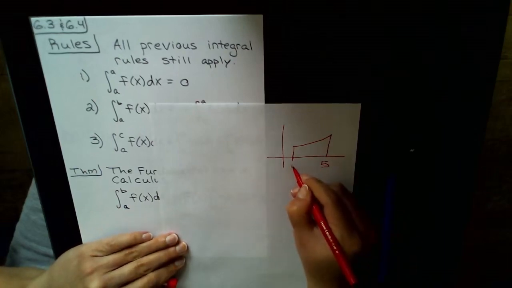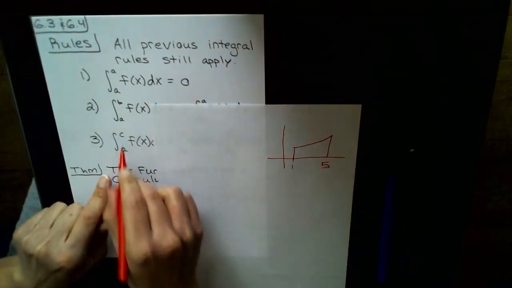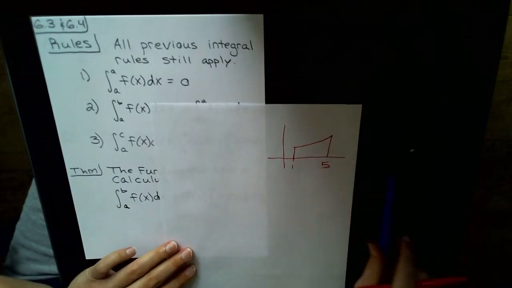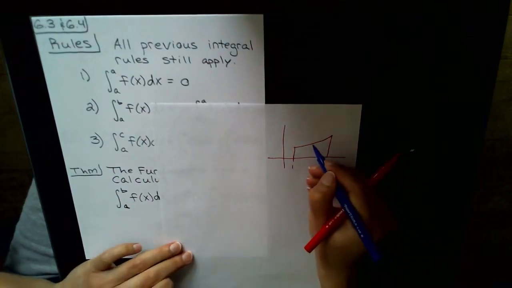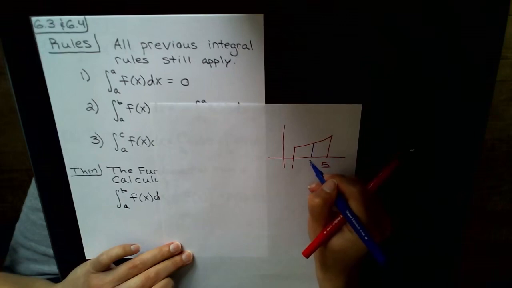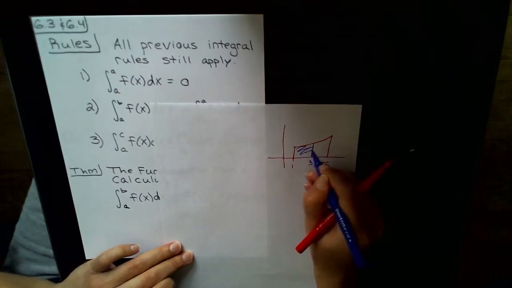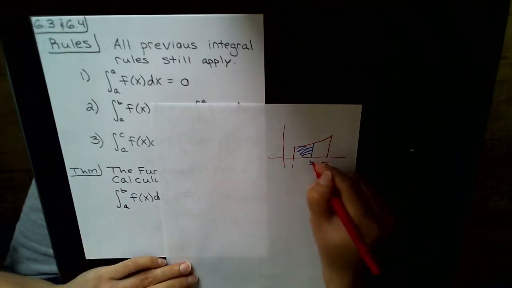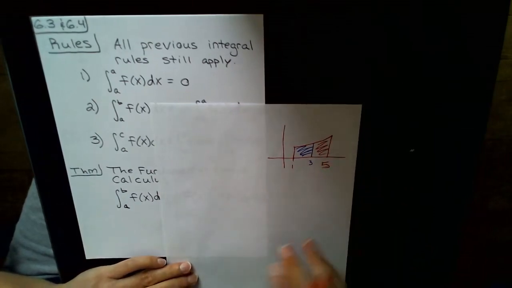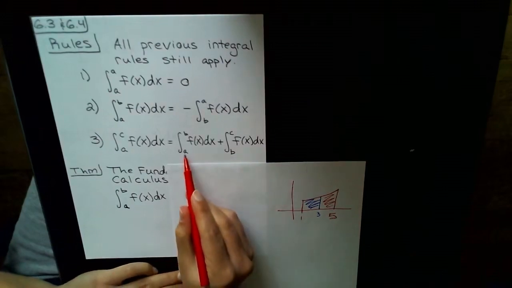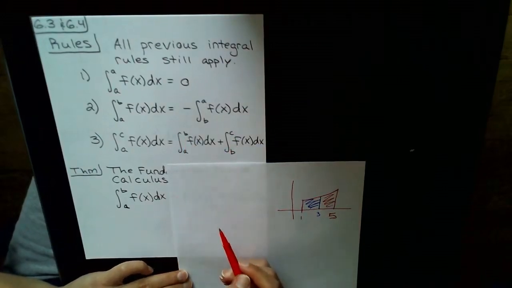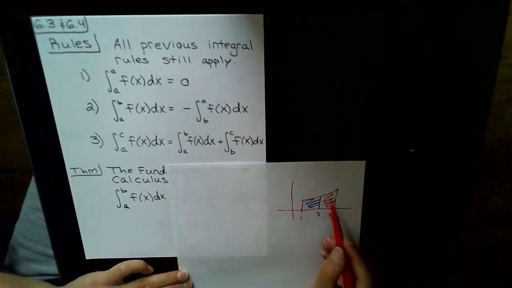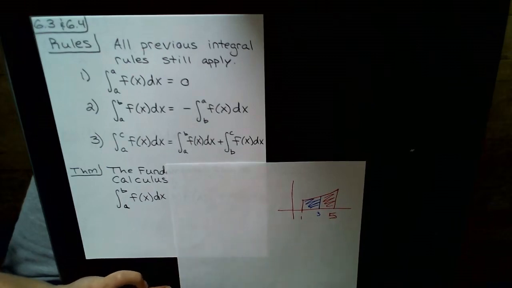We're saying if you have an interval from 1 to 5, it's perfectly okay to say, well, let's just deal with 1 to 3 first, and then add that to what we get from 3 to 5. We're breaking up the interval. We still get the same total area when we add the two shapes together. That's why this third step is perfectly okay.